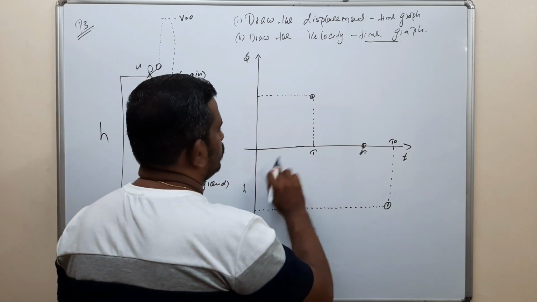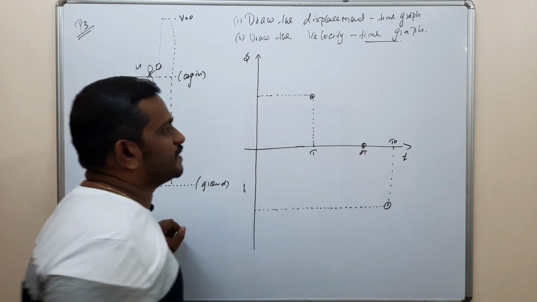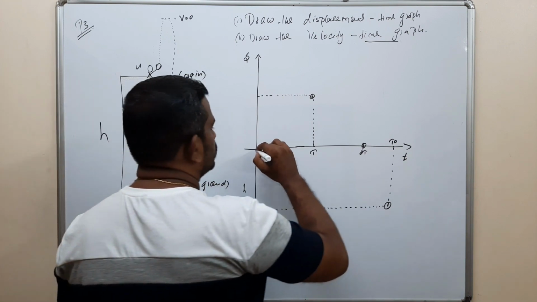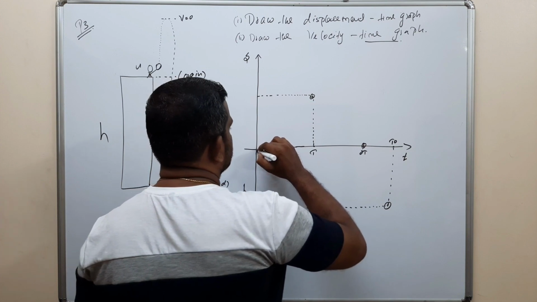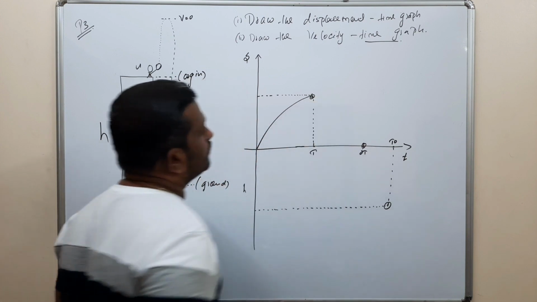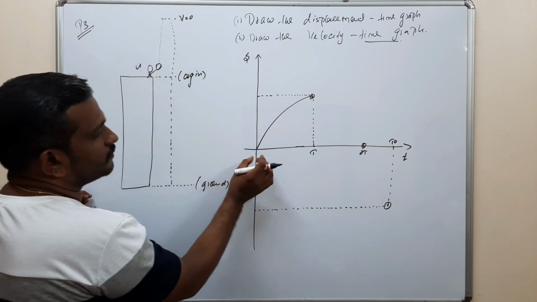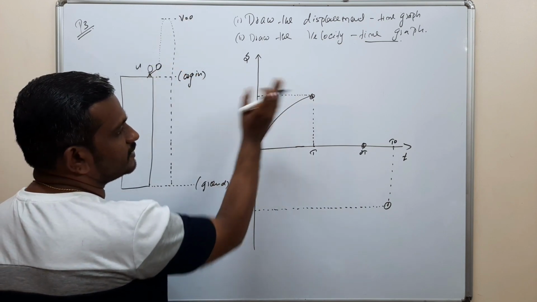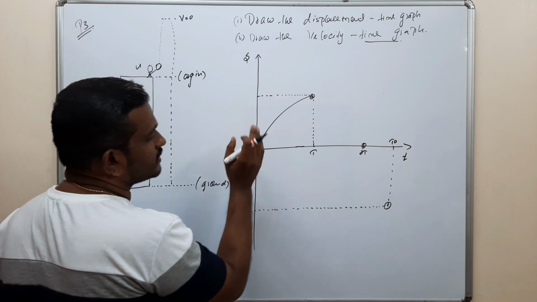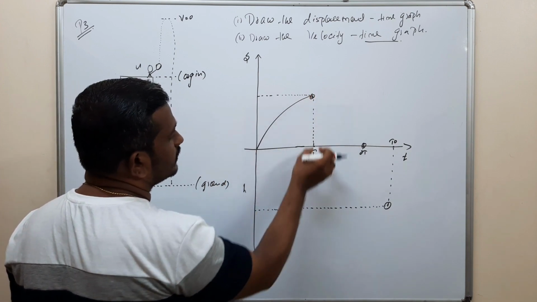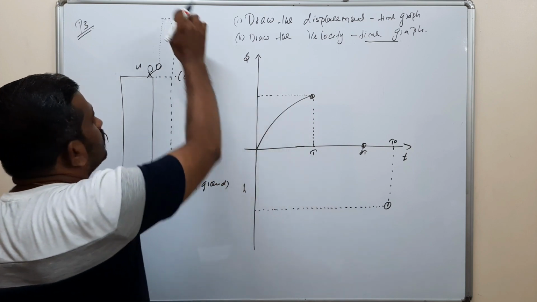So when we draw the displacement time graph, the slope of the displacement curve is like this. From the start up to time t, the velocity decreases, and at this point, time t, the velocity becomes 0.